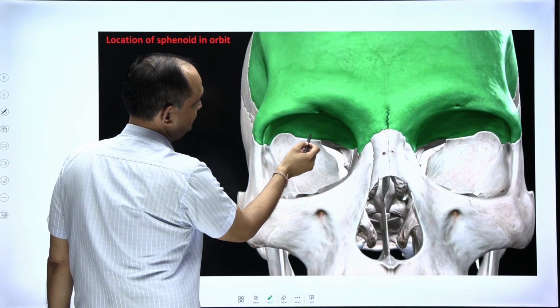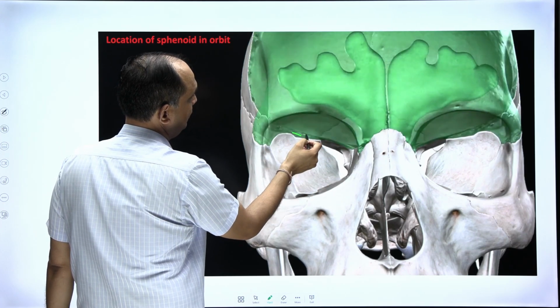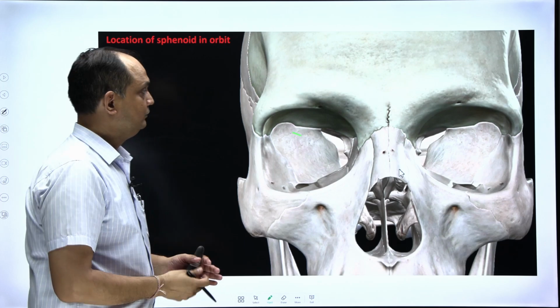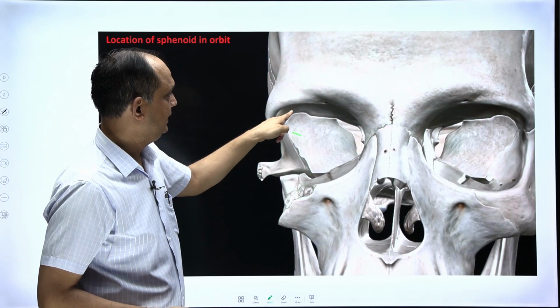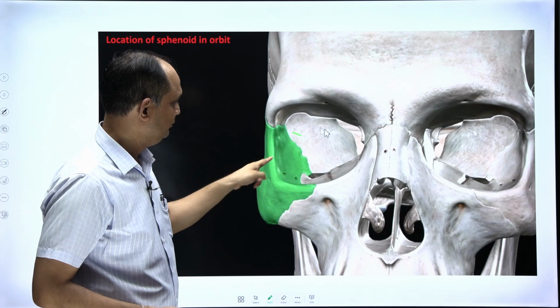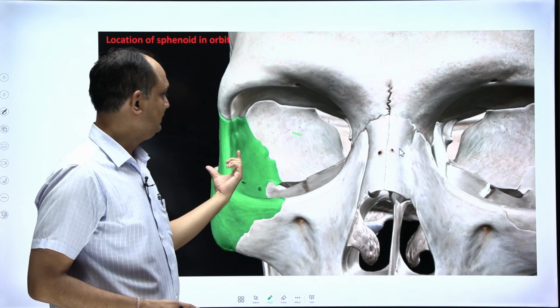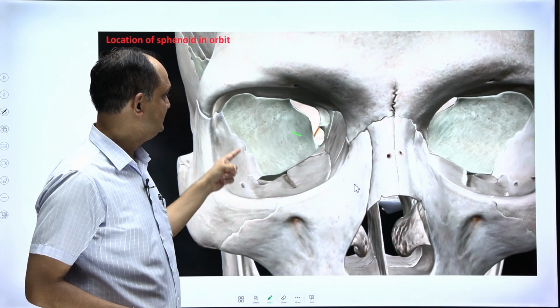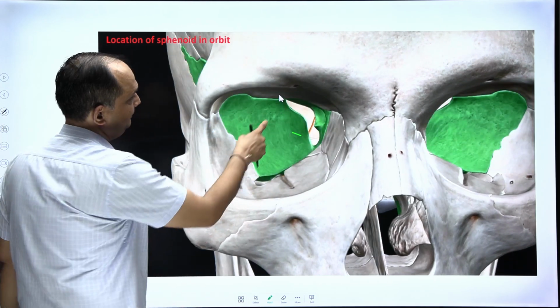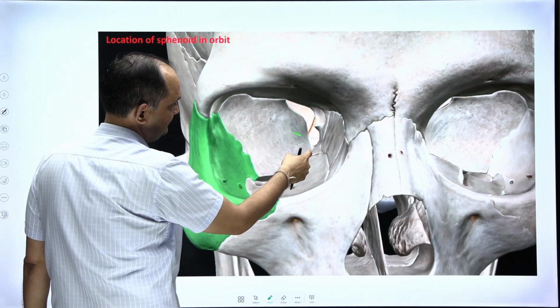This is the articulation of the upper border with the orbital plate of the frontal bone, a horizontal plate making a joint here. On the side is the zygomatic bone. The anterior part of the lateral wall is formed by the zygomatic bone, which makes a joint along this anterior border. Then the medial border is free, and this is the inferior border, which is also free.